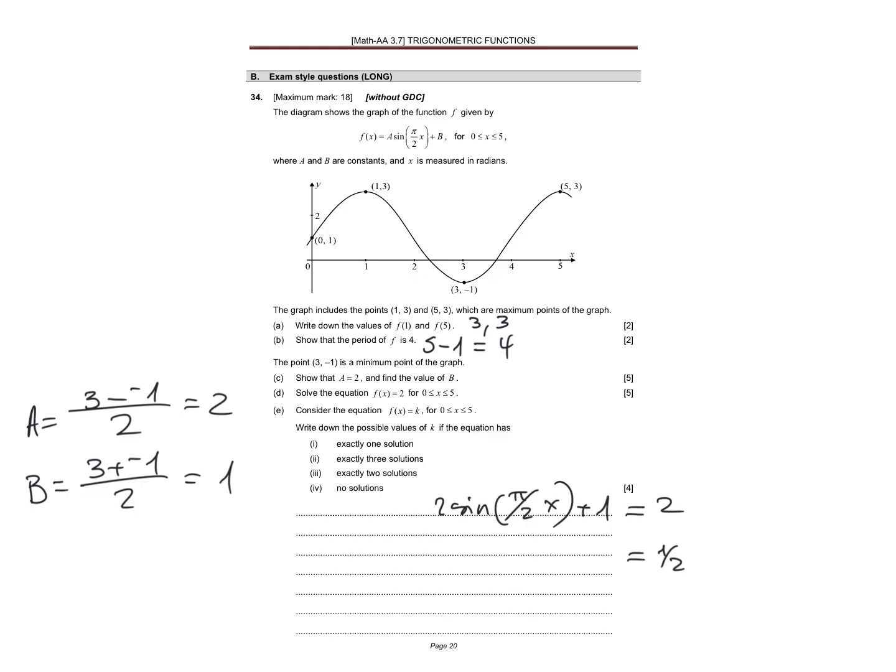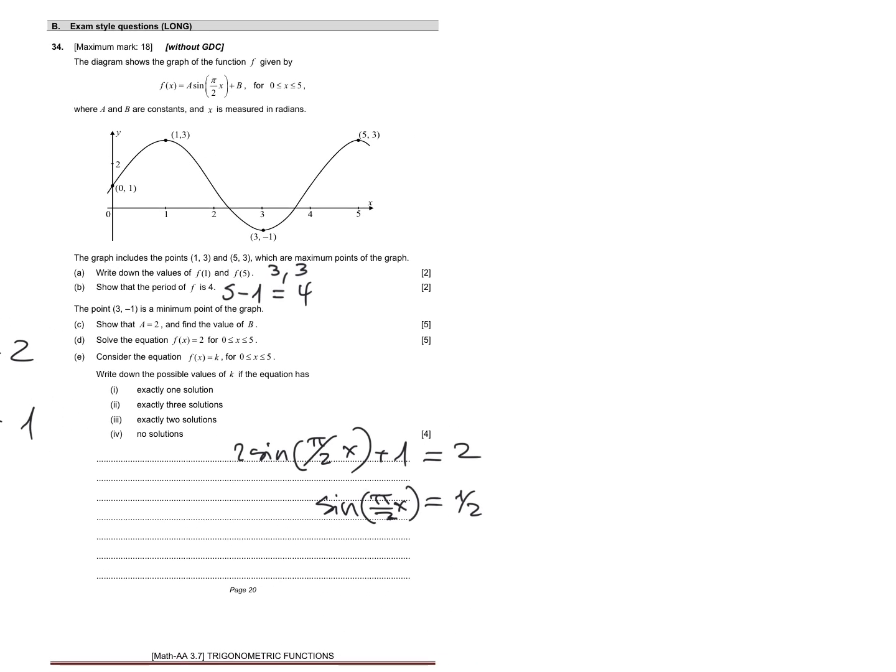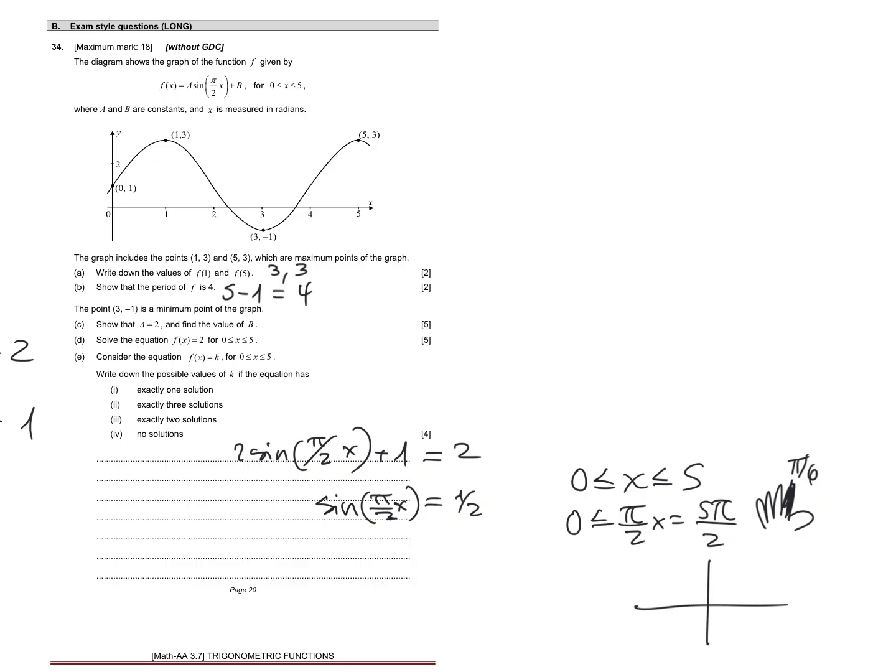So 1 over 2 equals sine pi over 2 x, and we want from 0 to 5. So we need to multiply by pi over 2. So sine is 1/2 at pi over 6, and we're going from 0 all the way around to 2.5 pi, and it's positive.